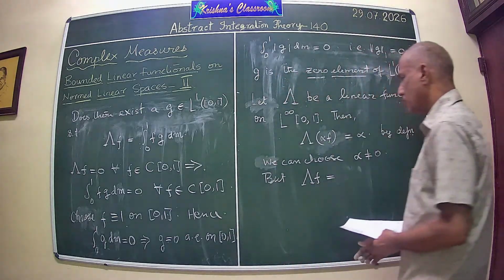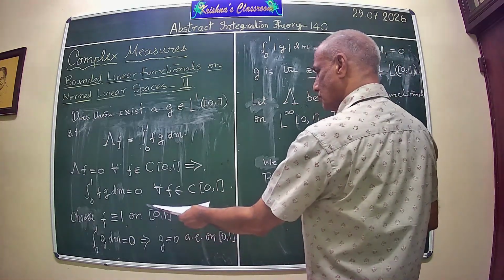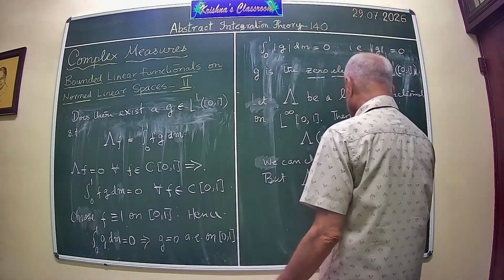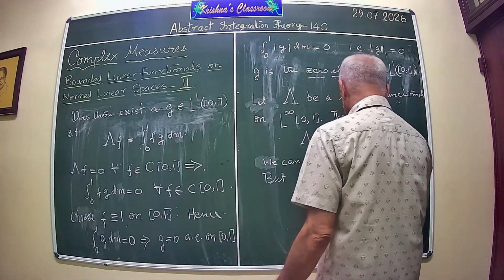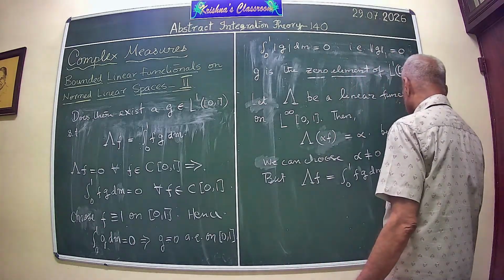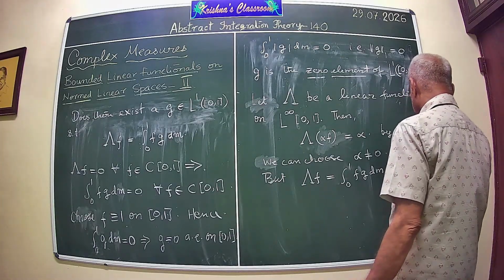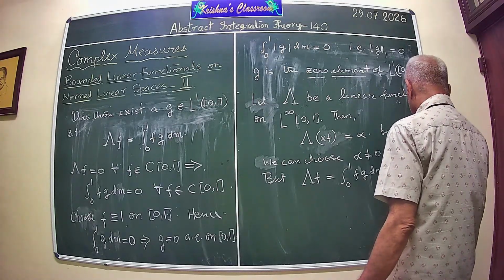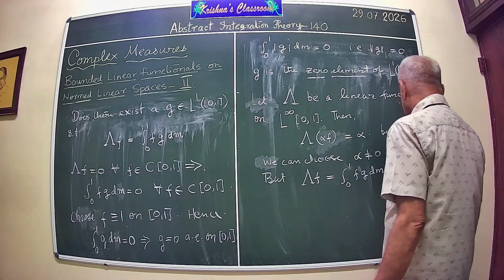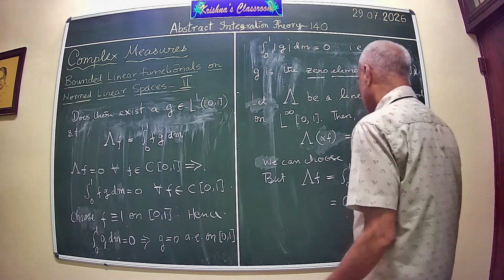Lambda F equal to the integral from 0 to 1 of F G dm, on L infinity, and this we have seen, and this is equal to 0.